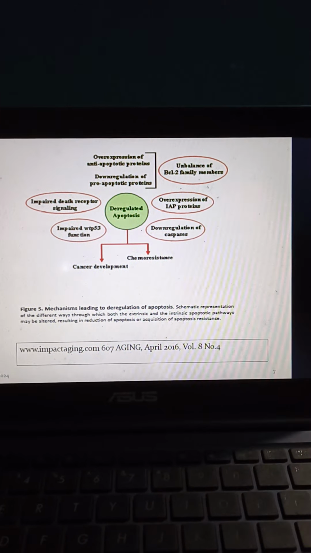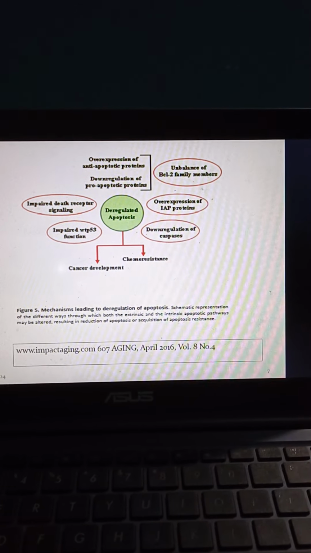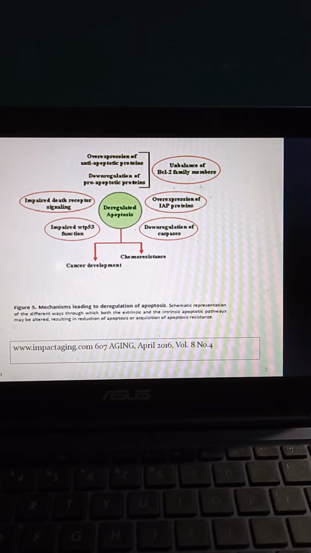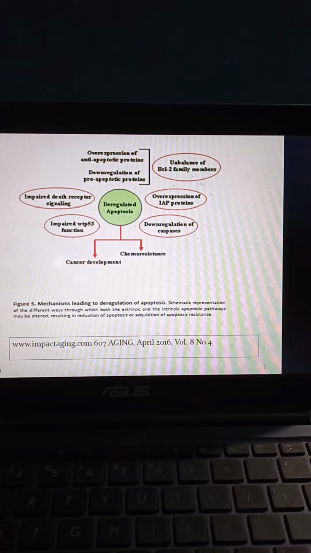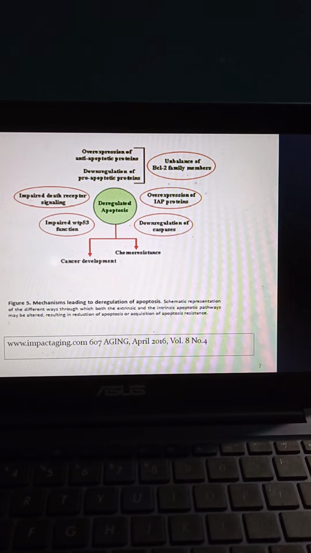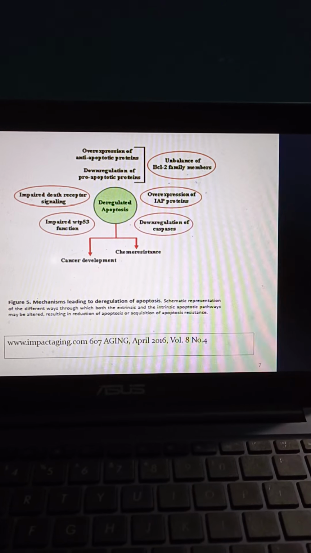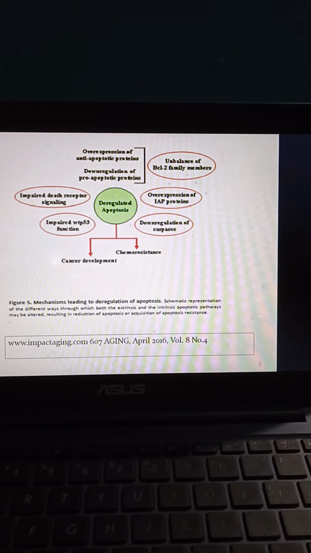Next, this is another diagram showing the mechanisms leading to deregulation of apoptosis. The schematic represents the different ways through which both the extrinsic and intrinsic apoptotic pathways may be altered, resulting in reduction of apoptosis or acquisition of apoptosis resistance.